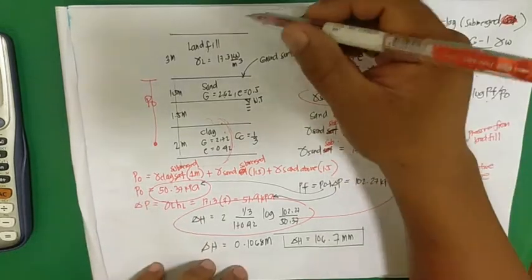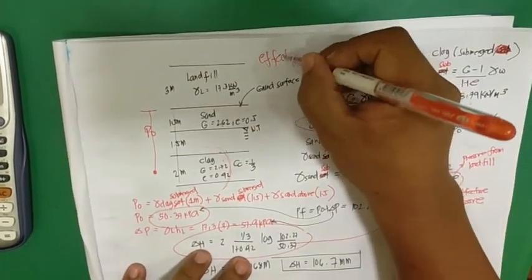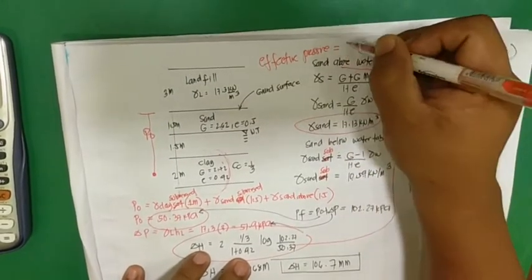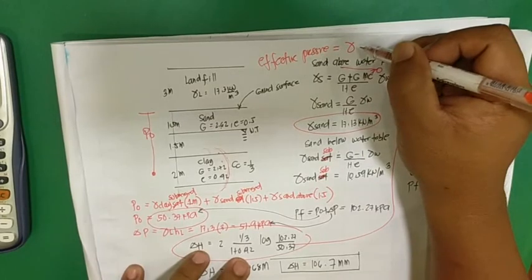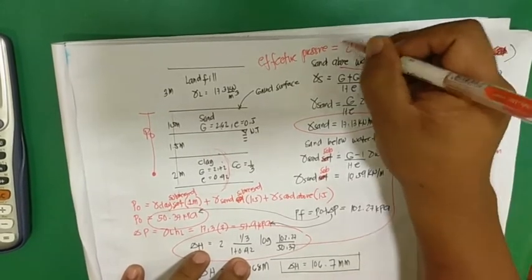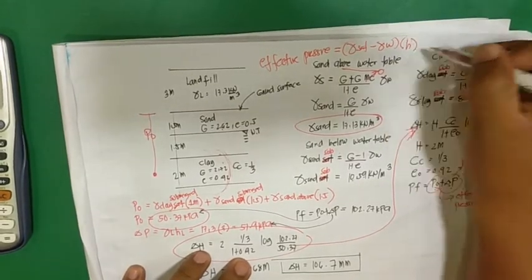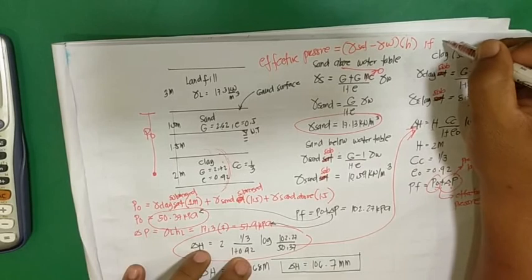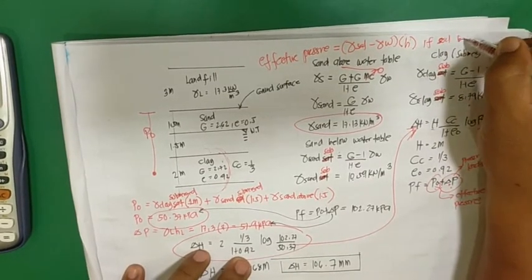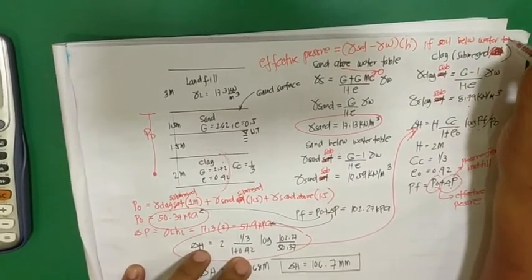Because to determine the effective pressure is always gamma sat minus gamma water times the height if the soil is below the water table, right?